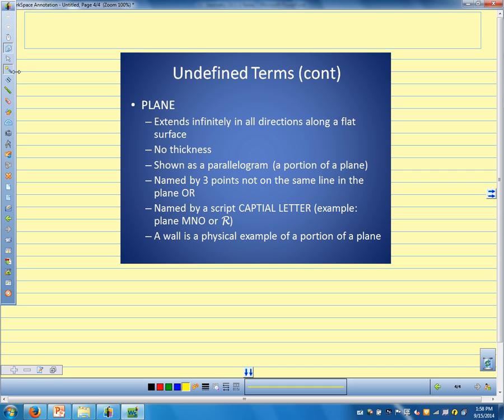Other important facts or characteristics: it extends infinitely in all directions along a flat surface, and it has no thickness. So we draw it as a parallelogram, and what that means is we draw a part of the plane because the plane is infinite.